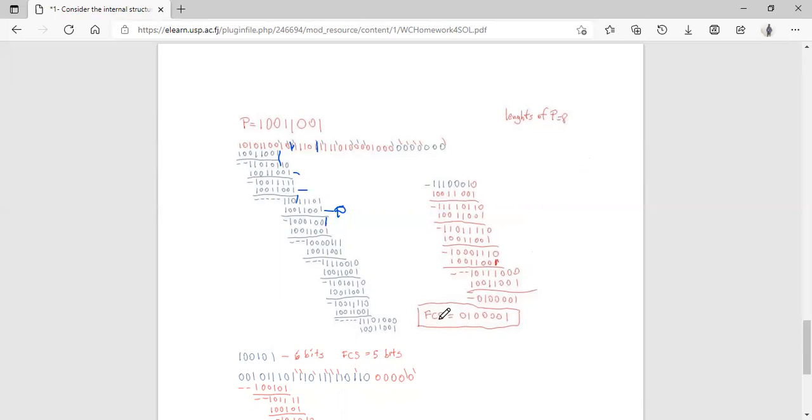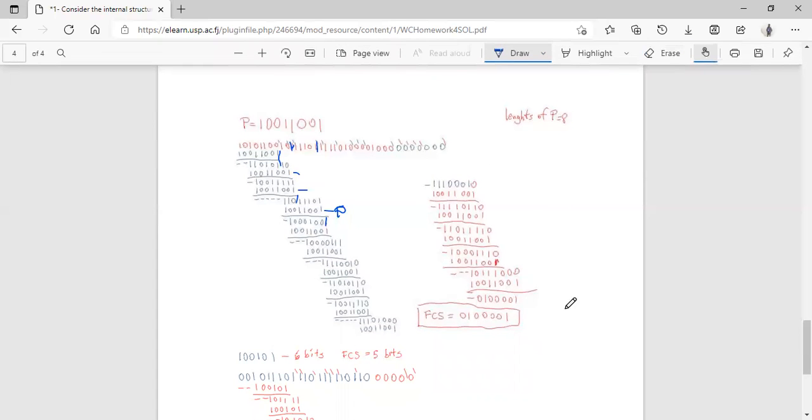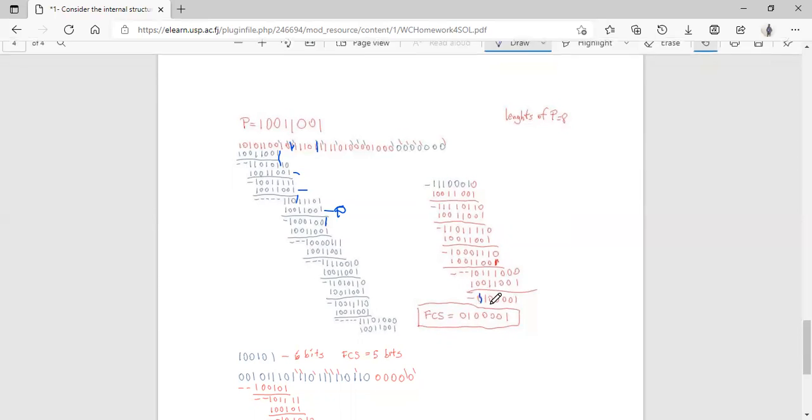So our frame check sequence becomes the remainder, right? That we have over here. But remember, in this particular case, there was a 0 again, right? This was a 0, this was a 0. So we had ignored this particular one. So we'd have been left with 1 0 0 0 0 1. These 0 0 would have been ignored, right? This 0 would have been ignored.